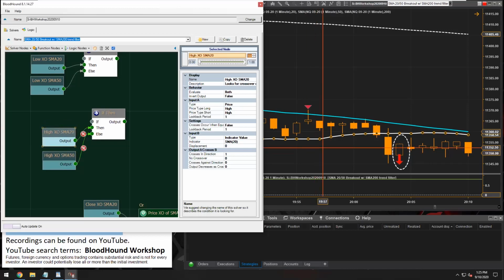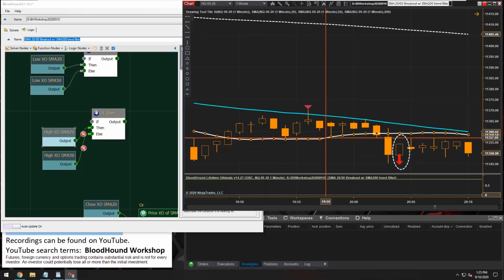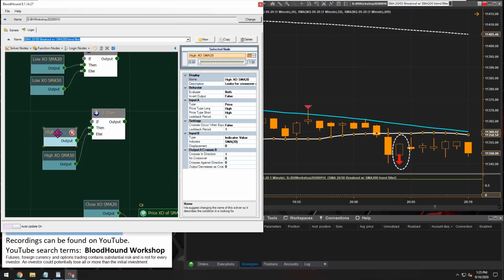So again, I'll make a comparison solver so that if the SMA 20 is below the 50, we're looking at the signals from the SMA 20.